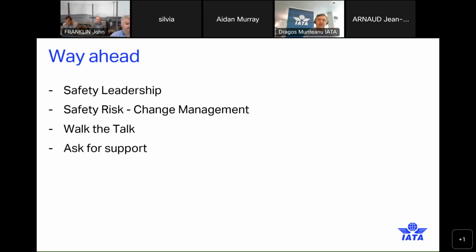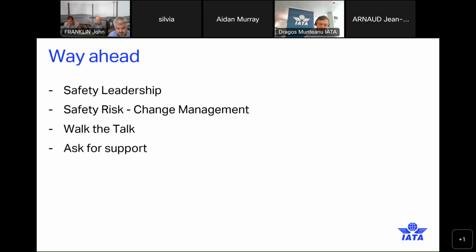This is really the moment, and we showed through COVID that SMS have worked, and aviation has proven to be resilient. It's really the moment to put the SMS to work and to make sure that the value of that SMS is not something that you put on the table and present to the auditors during the audit. It is something that is lived and really helps your organization survive and develop.